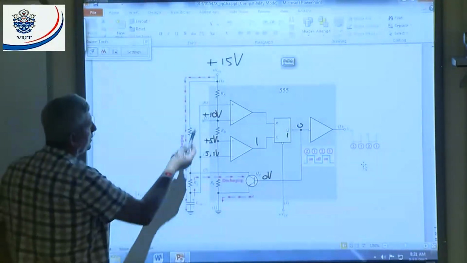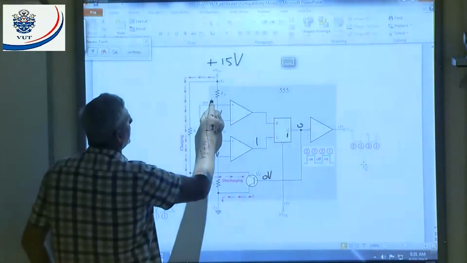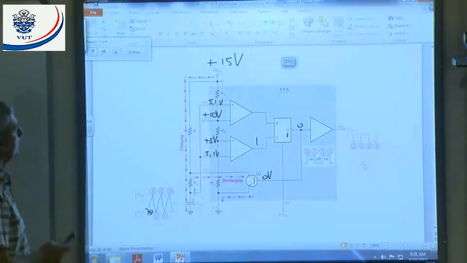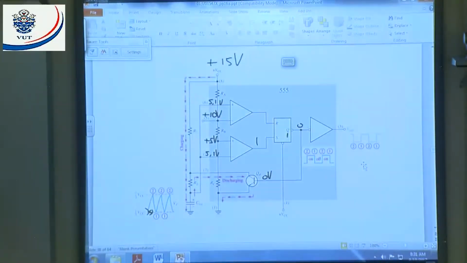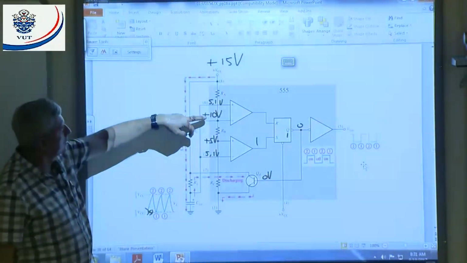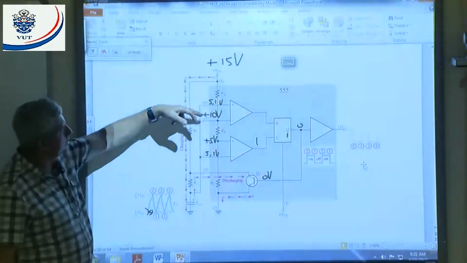Now we can also go and look at this one. Here we're also going to have 5,1 volt if we're going to look at that position. It's positive. That's 5.1, that's 10 volts. What is 5.1 with respect to 10?